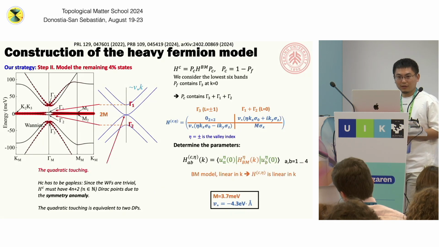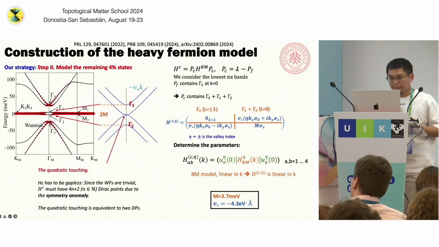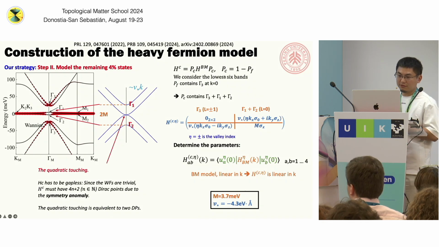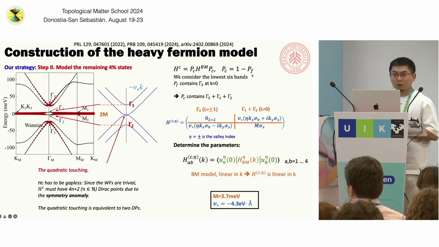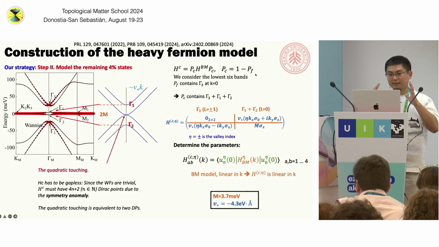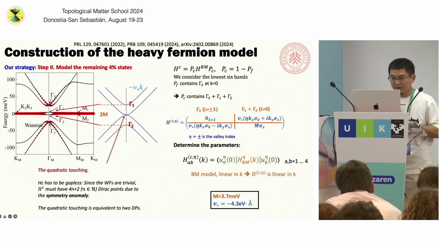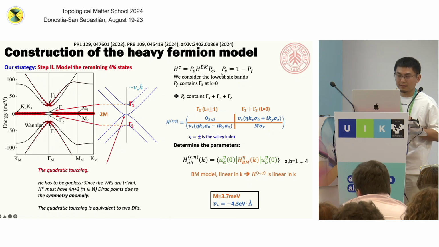And to obtain the model for the remaining degrees of freedom, we construct this projector P_F onto the Wannier functions. Because we construct the Wannier functions numerically, we can explicitly write down the projectors. And we define the projector onto the remaining space as P_C.